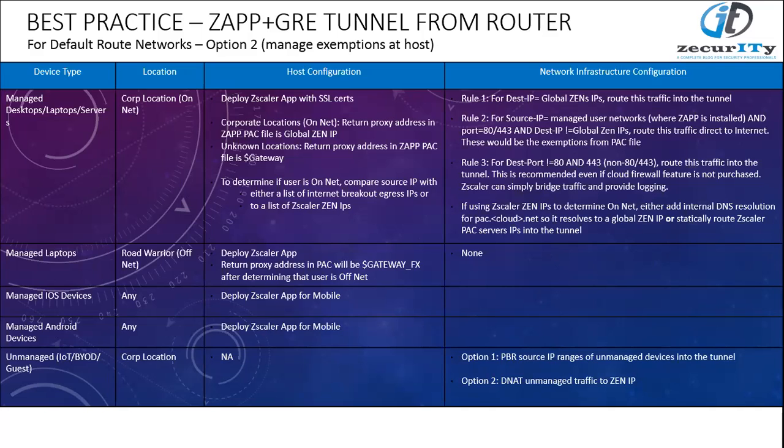The second thing is we need to understand the PAC files. PAC is hosted on the Zscaler cloud, so we need to route the PAC request towards the Zscaler cloud. In order to do that, either we redirect the PAC IPs towards the tunnel, or we use local hosting, a local DNS resolution for pac.zscloud.net, and resolve to global SYN IPs.